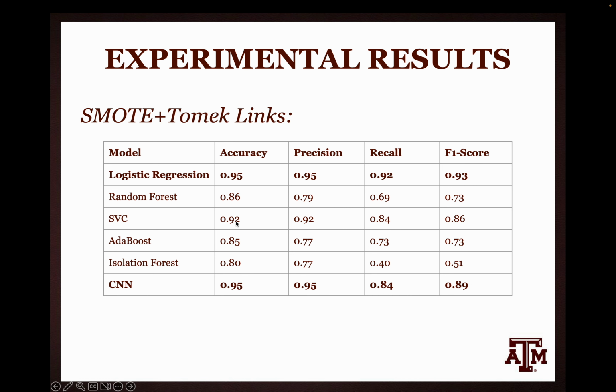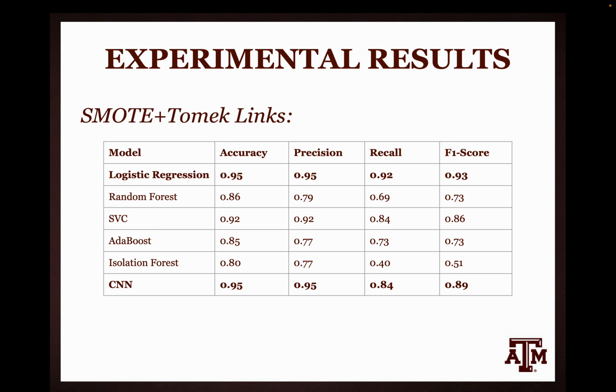The third technique which we used is a hybridization technique, that is SMOTE plus Tomek links. SMOTE here is an oversampling technique, so it can add artificial data, leading to overfitting of the model. Tomek link is an undersampling technique. In Tomek link, we choose a random sample from the majority class, and if this random data's nearest neighbor is data from the minority class, then we remove it.